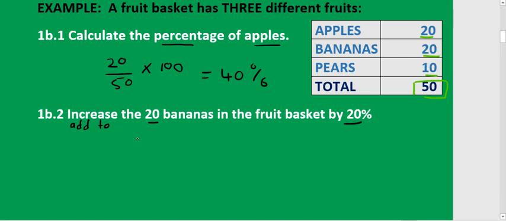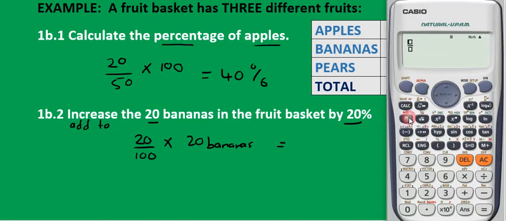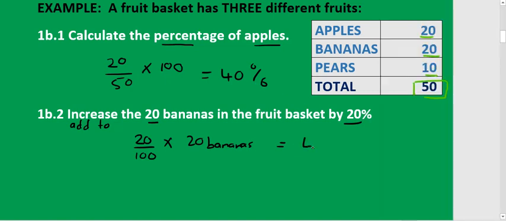Remember from the previous section, to write 20% as a fraction, we just put it over 100. And of course, we're going to multiply this by the 20 bananas. Let's see what we get. If you take 20% and multiply it by 20, that should give you 4 bananas.